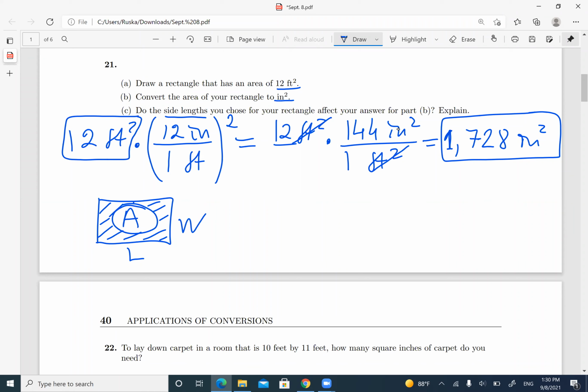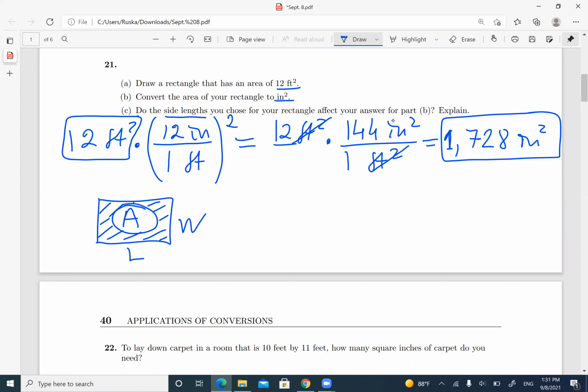No, because your rectangle has to have an area of 12 square feet. So it could be 6 times 2, right? That's 12. It could be 3 times 4. That's also 12, right? So it doesn't matter what your length is. It's not going to affect the area. The area is going to be 12 square feet.